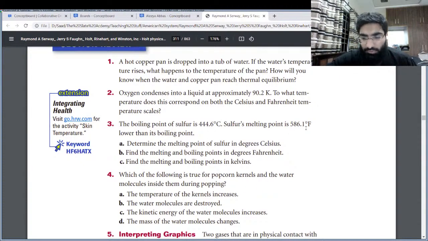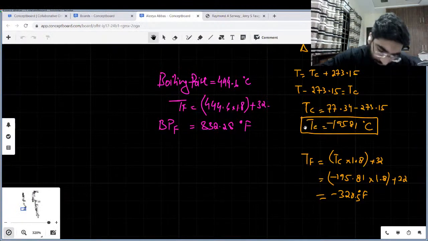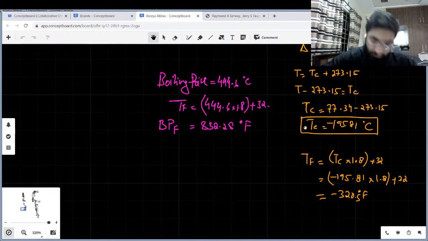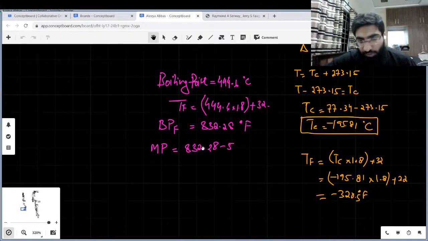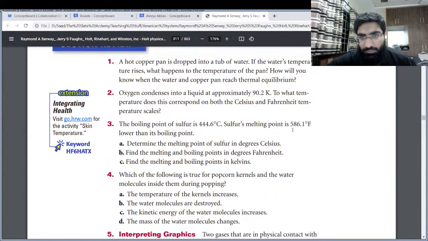586.1 degrees lower than the boiling point. So the melting point is equal to 832.28 minus... Wait, which one are you doing? So we take the boiling point, and from the boiling point we deduct 586.1 degrees. Wait, what?